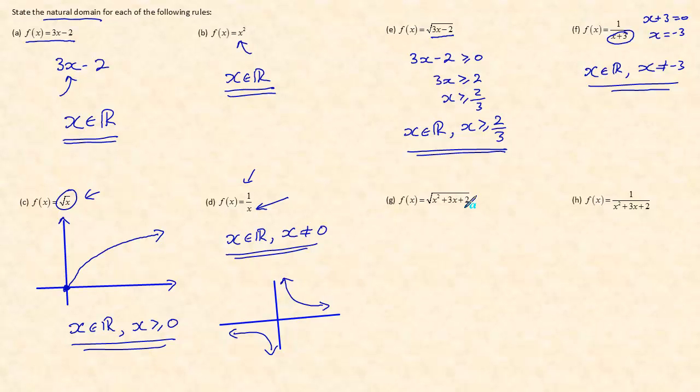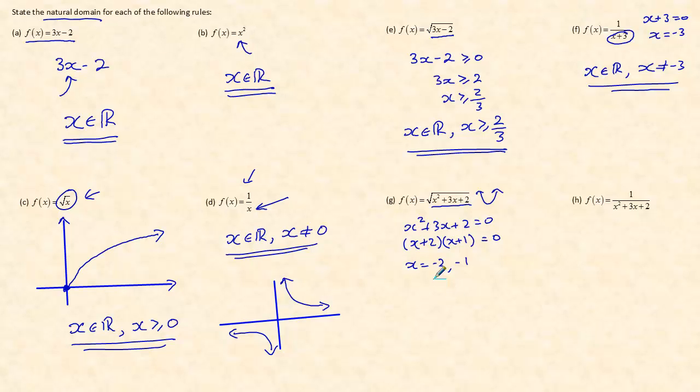Now let's think about this one. Again, we're only allowed 0 or positives under here. x squared plus 3x plus 2 equals 0. Let's solve that. We can do this one by factorizing. So x and x, 2 and 1, plus and plus. So x is negative 2 or negative 1. Now x squared plus 3x plus 2 has a positive x squared, so we know it's this way.